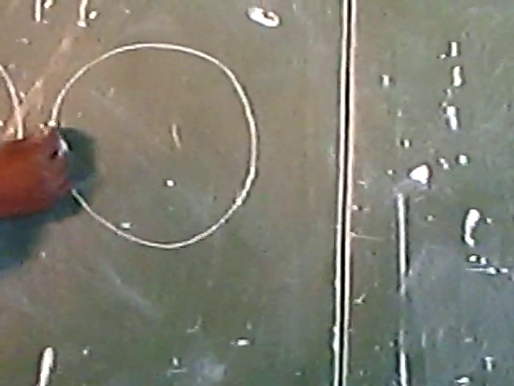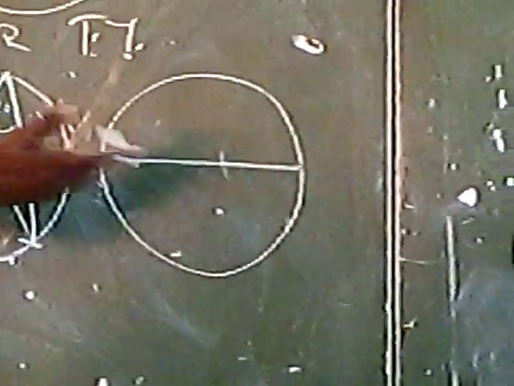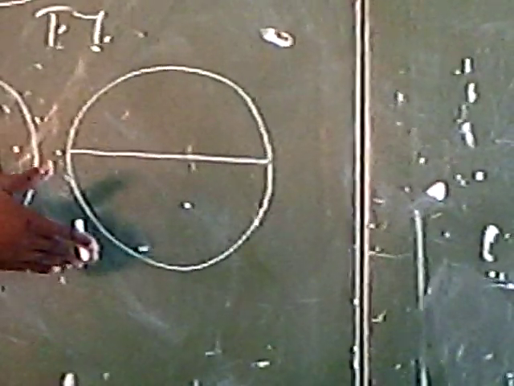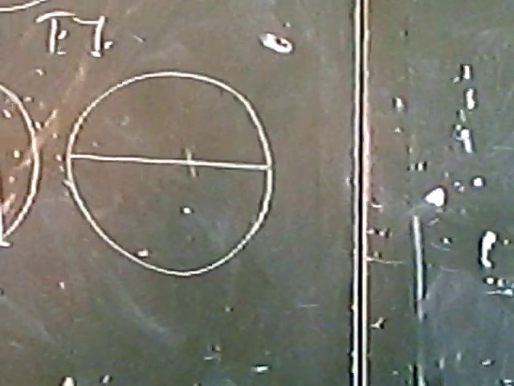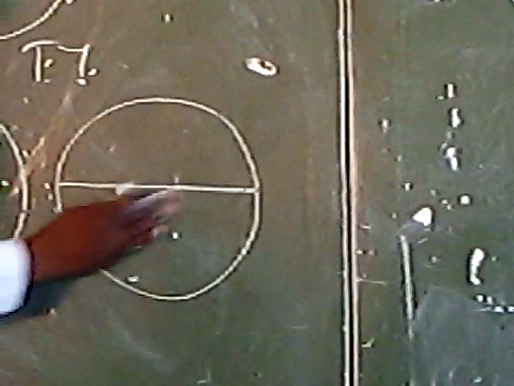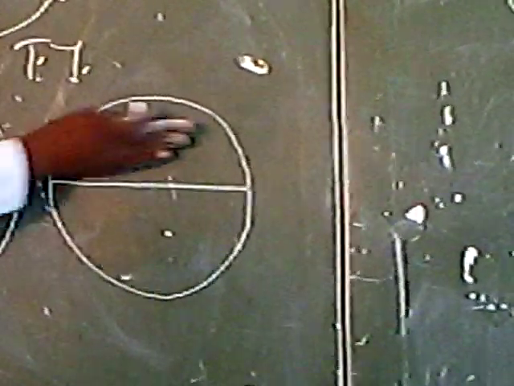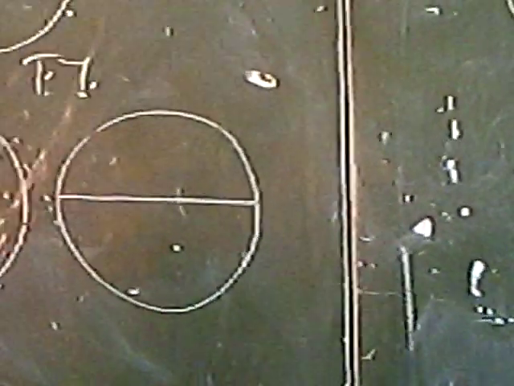In it, we happen to have any line across. We don't know whether it's a chord, it could be a major chord or a diameter or any other. So you see that this chord divides this circle into two segments. We have this region as a segment and another one as a segment.